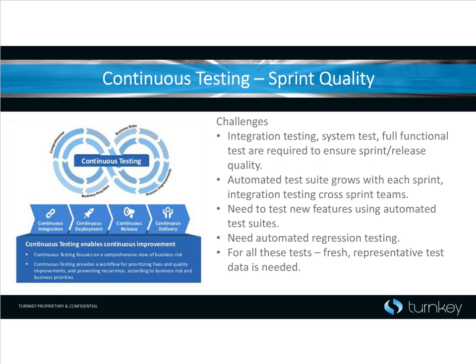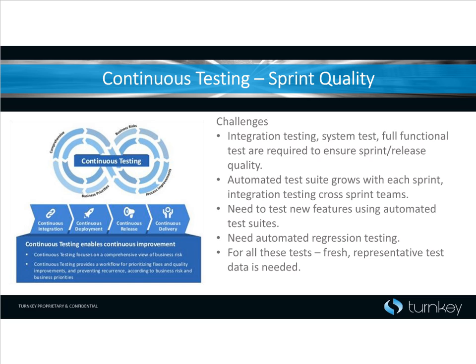Again, just as in the build phase, the automated test suite will grow with each sprint, and integration testing takes place across sprint teams, across the entire spectrum. Again, we start to see this end-to-end business process focus take place. Of course, you need to test those new features, and again, highly recommended you do this in an automated fashion so that we maintain speed without sacrificing the quality that we just talked about in that last polling question.